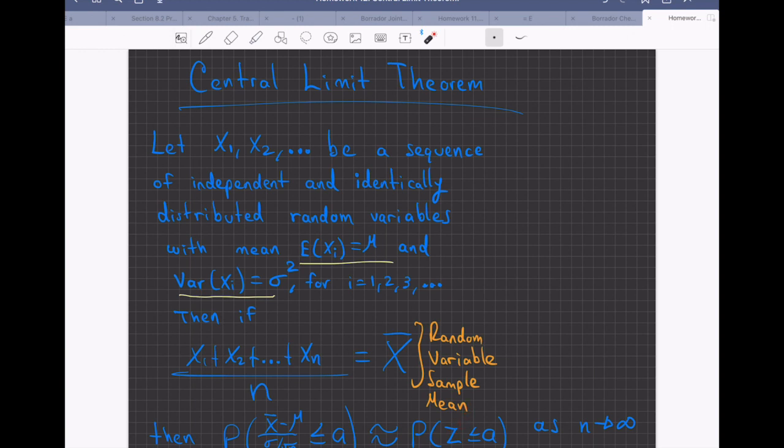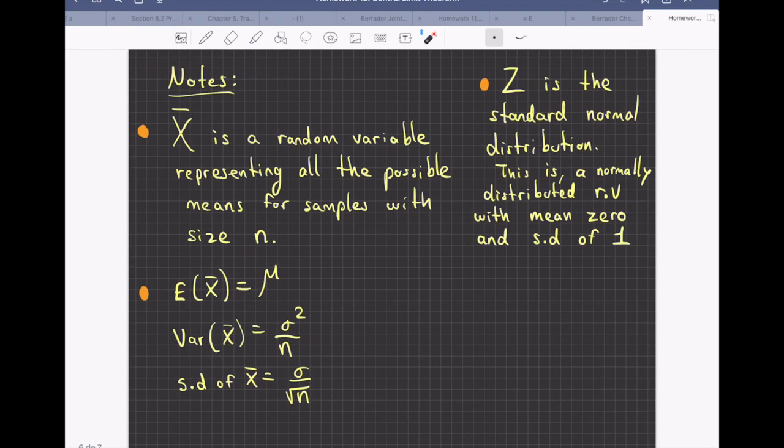That is what the central limit theorem says. A general way to say it is that you can approximate the probability for the sampling mean by using a standard normal distribution. Essentially, is that.